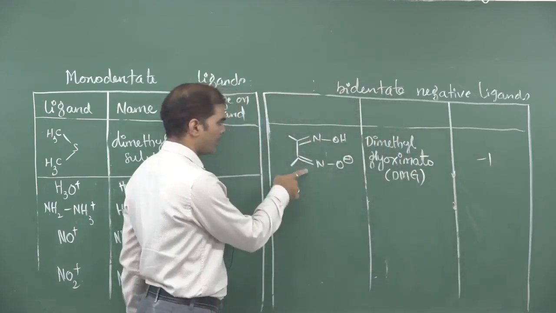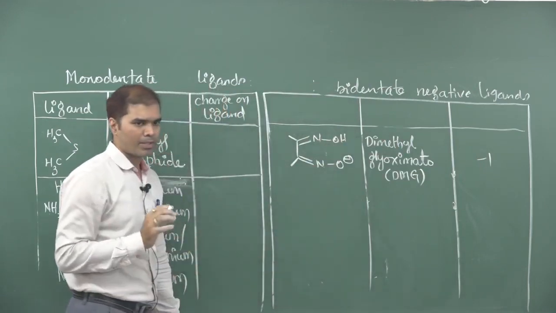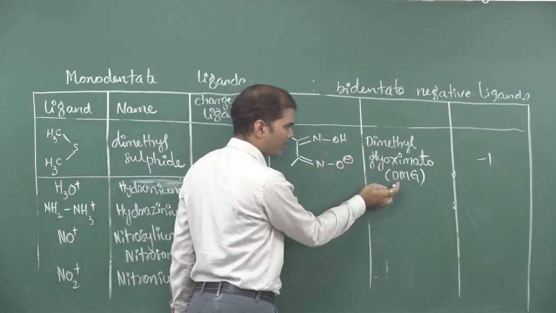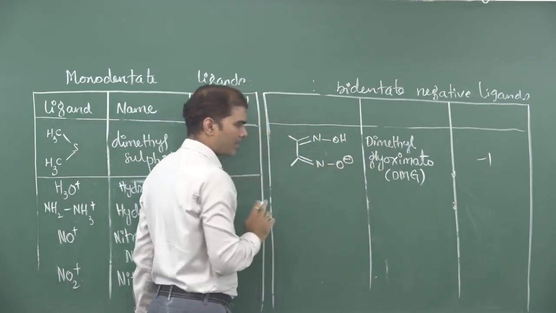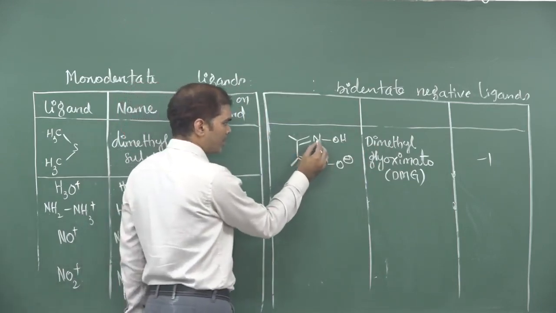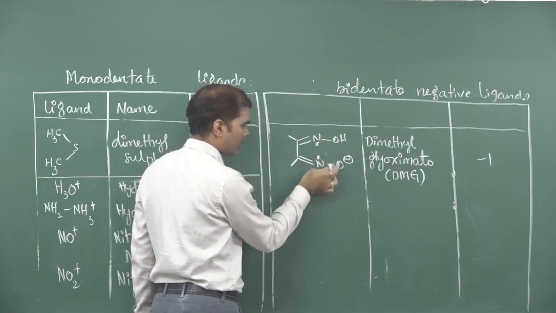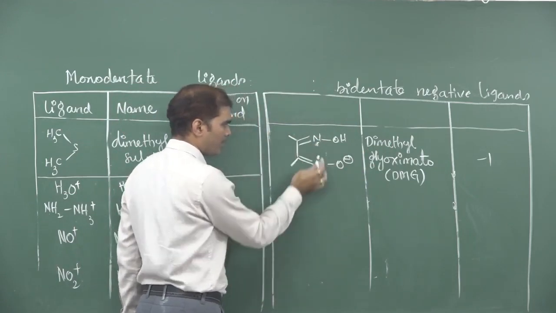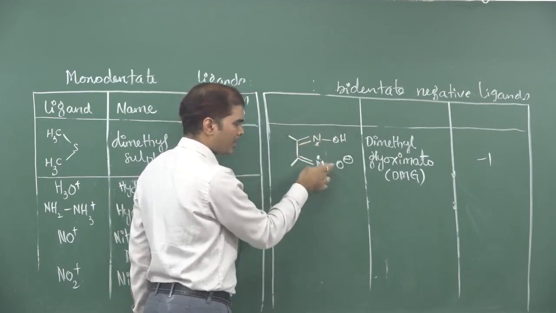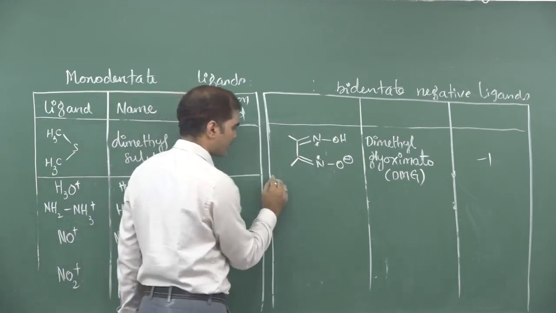This is dimethyl glyoximato. If both are OH and OH, you call it dimethyl glyoxime, HDMG, that is neutral. This is dimethyl glyoximato, DMG. It has only -1 charge, not 2 minus charges. In this case, nitrogen is a donor atom, not these oxygens. Whenever these nitrogens bind, these oxygens just go sideways, and that will form a hydrogen bond. We have seen that hydrogen bond also.